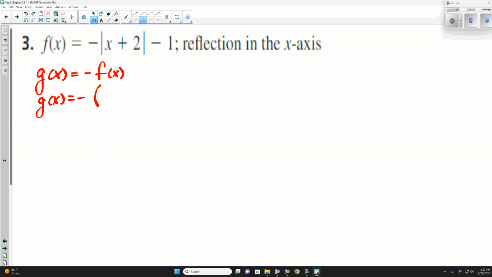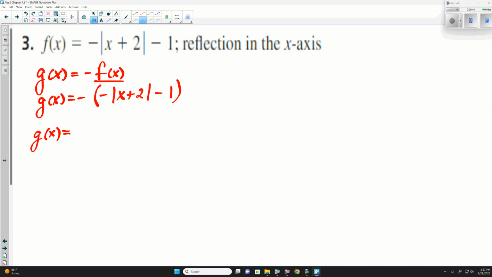And again, with f of x, we didn't change anything with our f of x. We're not having to replace x with anything, so we can just put our normal function back down. And since we do have a negative outside those parentheses, we do have to distribute it.